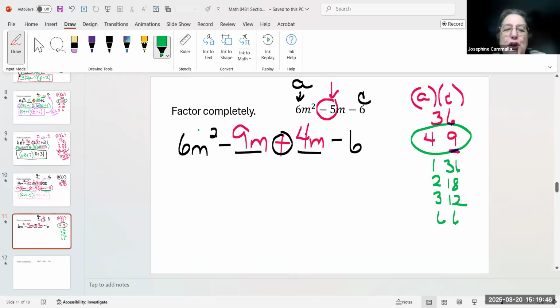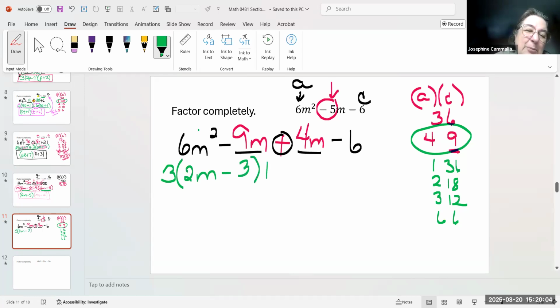You can look and know what factors of A and C subtract because the signs of the two blanks are telling me. Now this is going to give me 3, 2m minus 3. Now remember, I have a plus here, but I've got to get 2m minus 3.